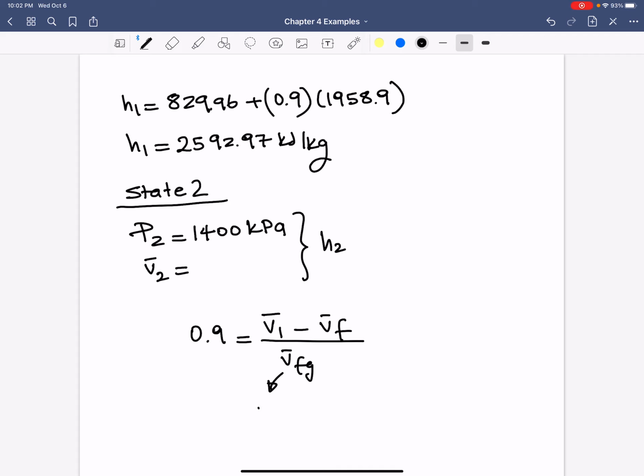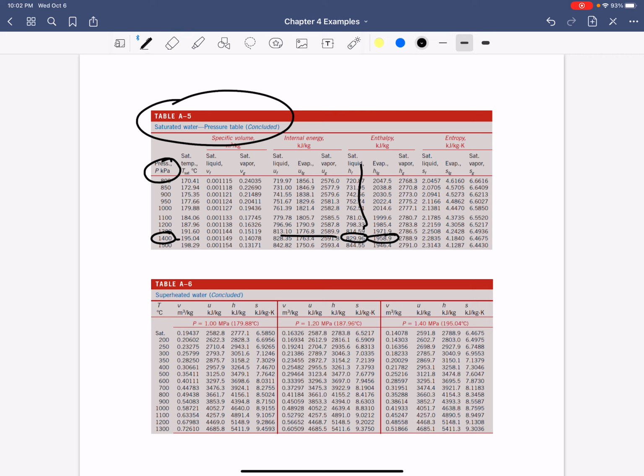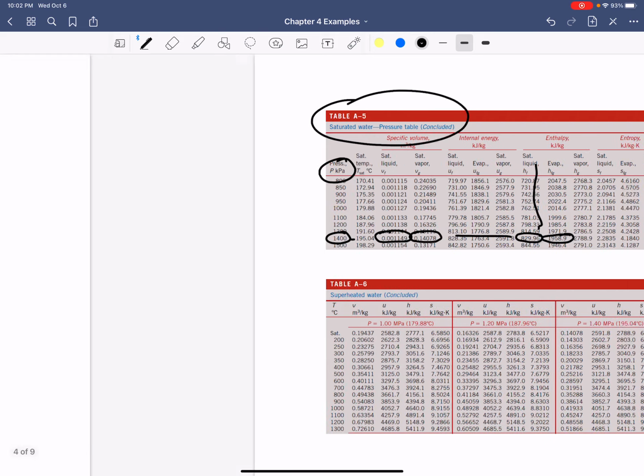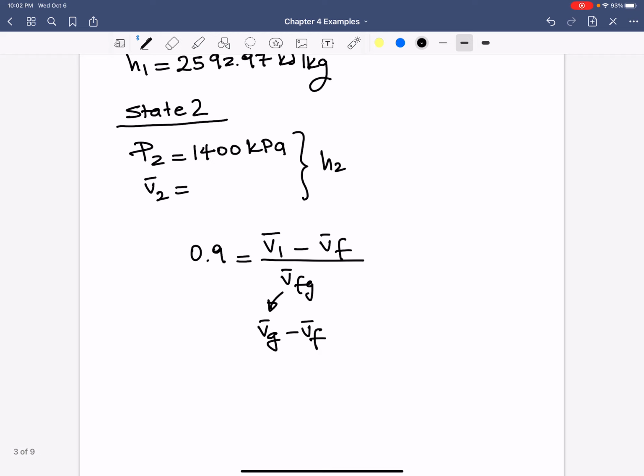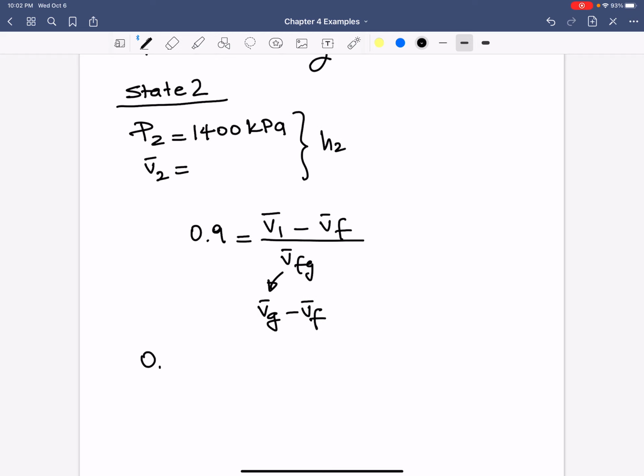Remember, Vfg is Vg minus Vf. Okay, so you go to the same table, but this time you read Vf and Vg and insert these numbers into your equation, right? And calculate what V1 is.